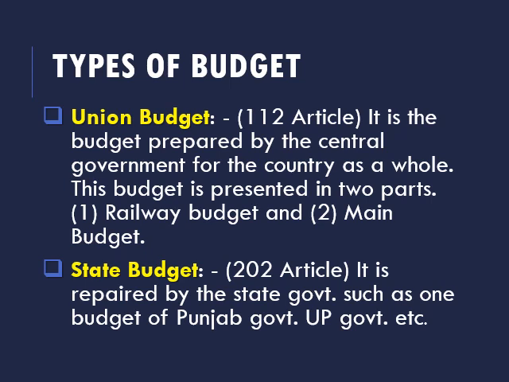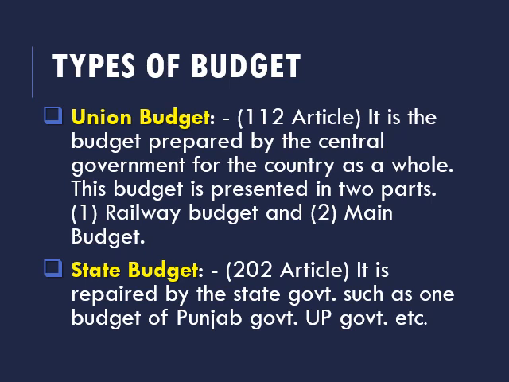It is presented by the finance minister of our country, whomsoever is the finance minister. So Nirmala Sitharaman was the second lady finance minister in our country. First one was Indira Gandhi, second was Nirmala Sitharaman.